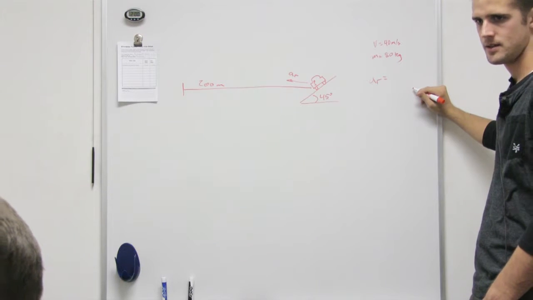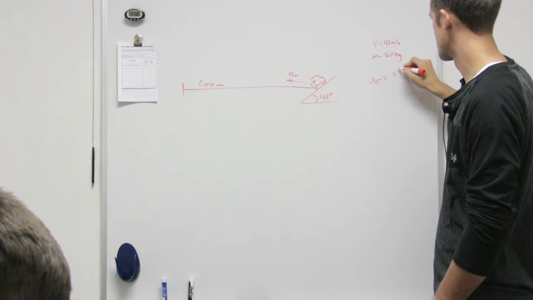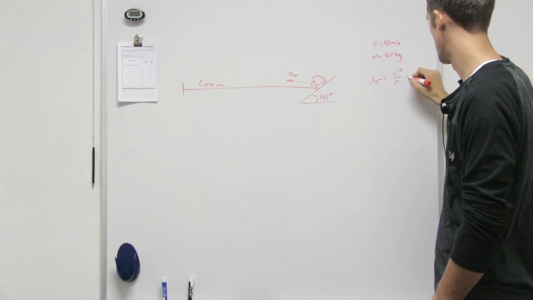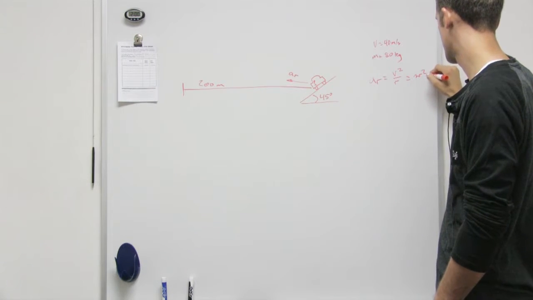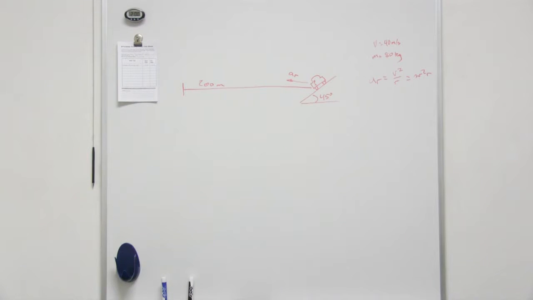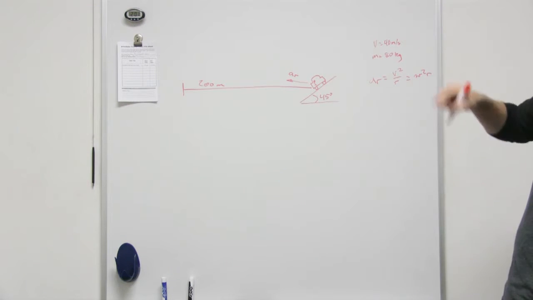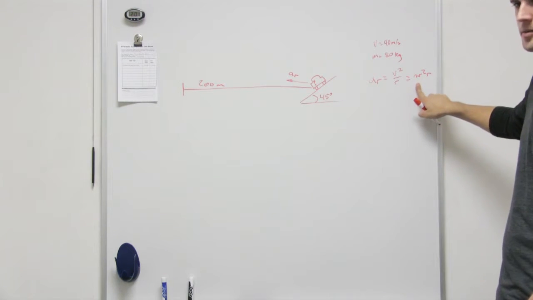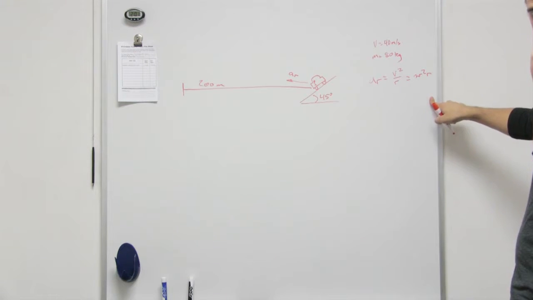There's two of them. It can be v squared over r or omega squared r. Remember those? Omega is angular velocity. It's a fancy looking w, a Greek letter.